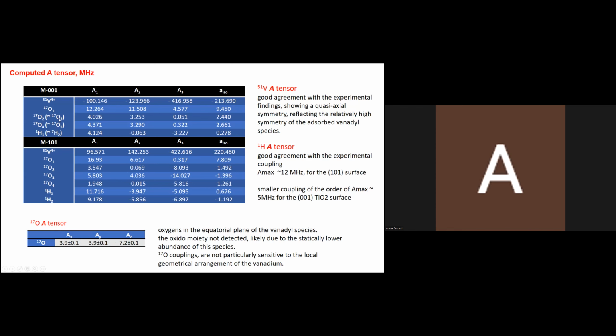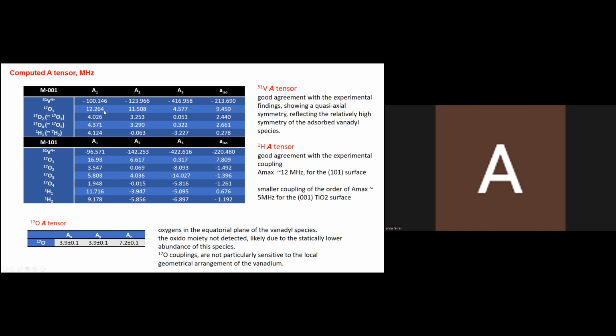If you look at oxygen one, it is the vanadyl. We have a completely different value. It means that the vanadyl oxygen moiety is not the one detected, probably because of the lower abundance of this species, one oxygen with respect to all the other oxygens around the vanadium.